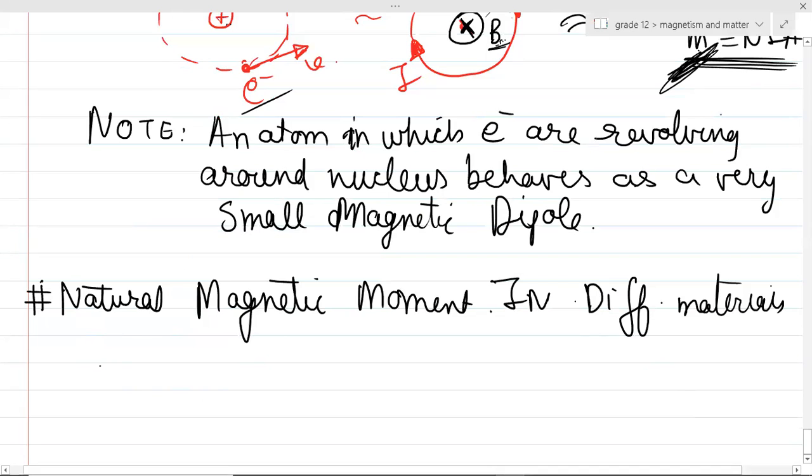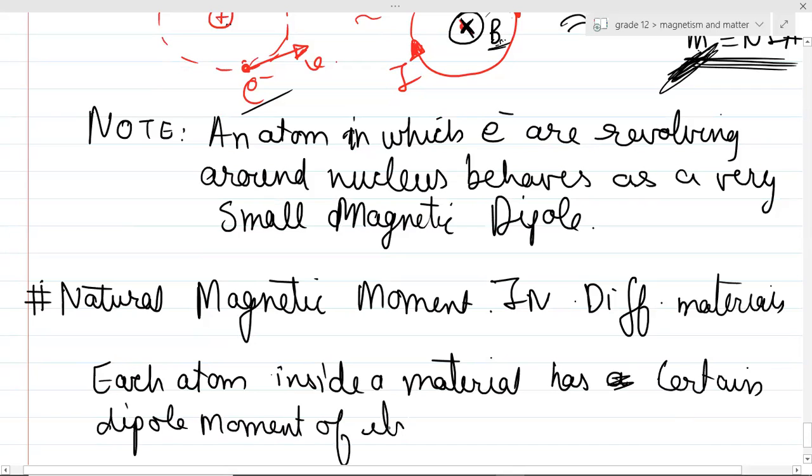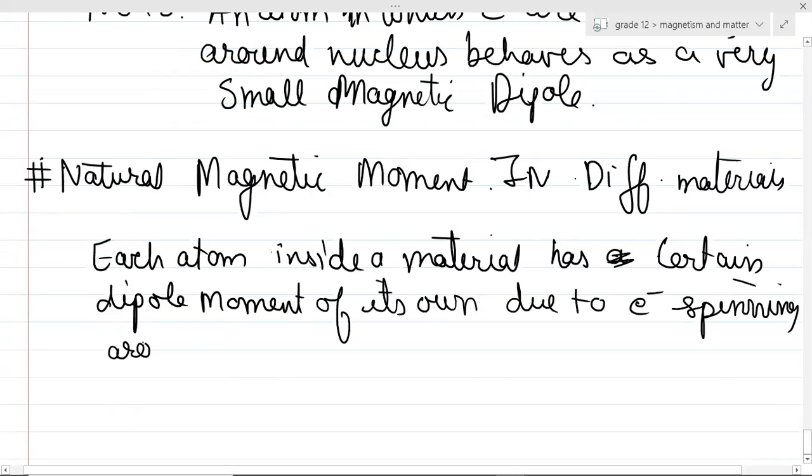So can I say that each atom inside a material carries a certain dipole moment of its own, due to electrons spinning around the nucleus? Yes or no?